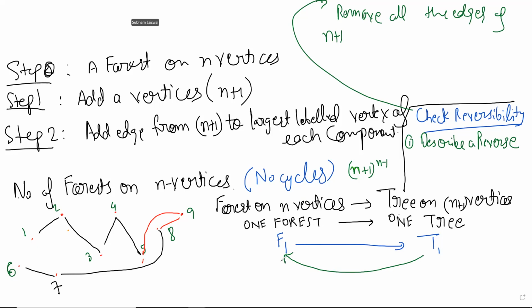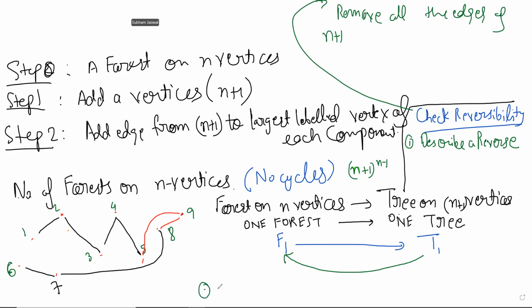No, but then there is still some problem in this. We have not yet shown that you can attain every tree on n plus 1 vertices in this way. So we have not shown this.